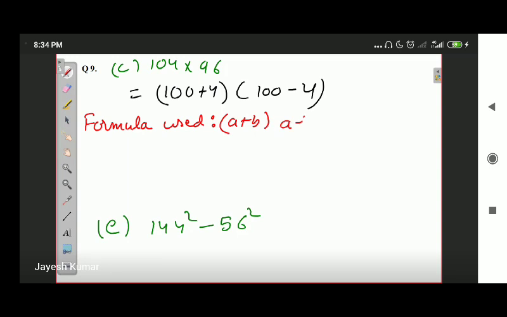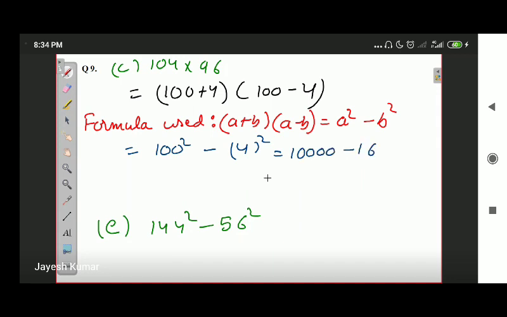In place of a, I have 100. In place of b, I have 4. So I'll rewrite it as 100 square minus 4 square. 100 square is 1 and 4 zeros. 4 square is 16. Subtract it and you will get the answer.